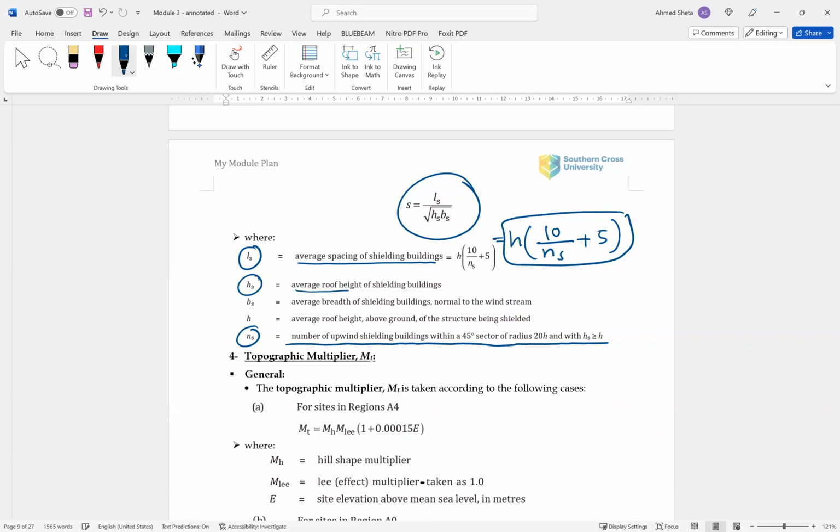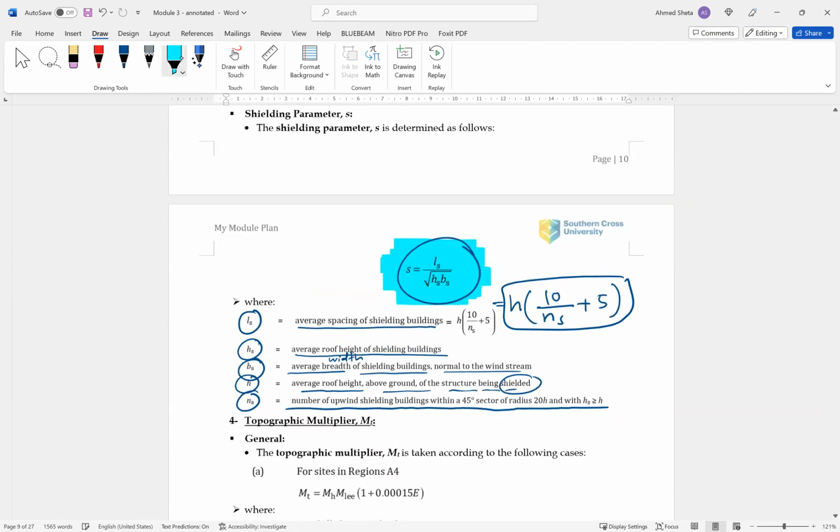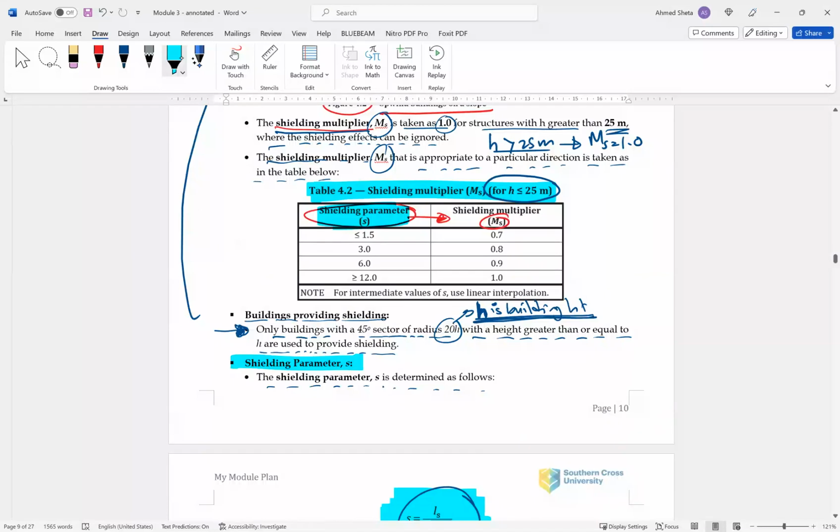HS is the average roof height of the shielding buildings. BS is the average breadth or width of shielding buildings normal to the wind stream. And H is the average roof height above ground of the structure being shielded. Okay, so this is our formula for the shielding parameter S. Using shielding parameter S, you can find the shielding multiplier.